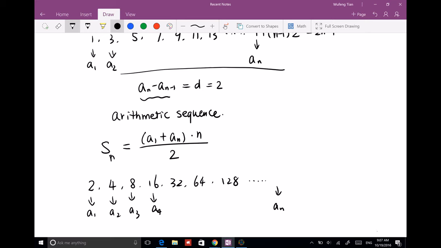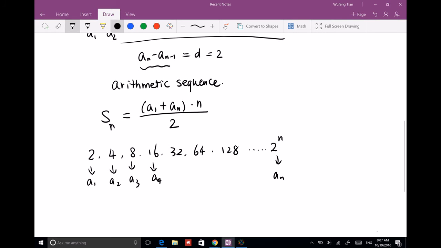Can anyone tell me? Two to the n, 2 to the nth power. Very good. The first one is 2 to the first, the second is 2 squared, the third is 2 cubed, the fourth is 2 to the fourth, and continue. The nth term is 2 to the power n.